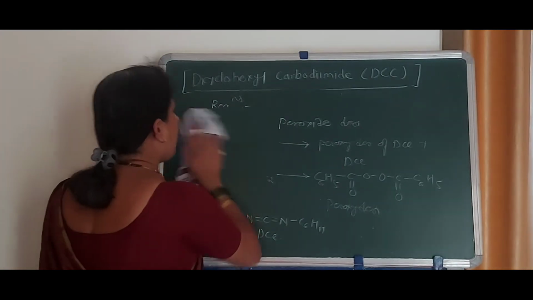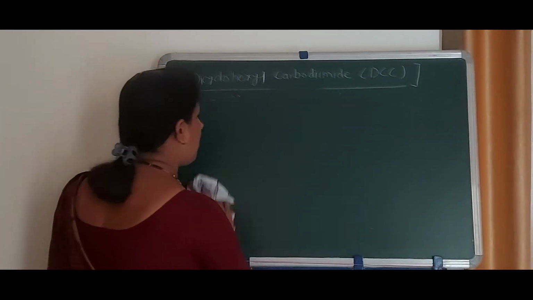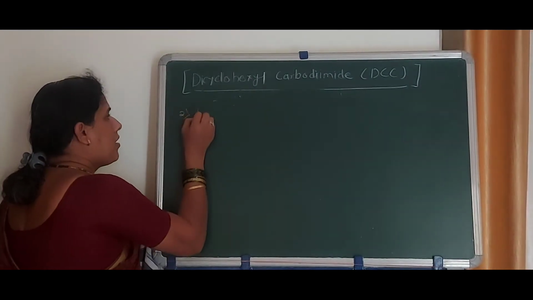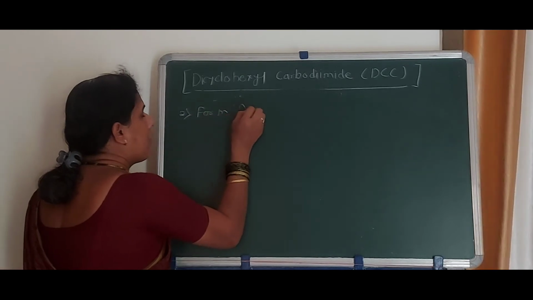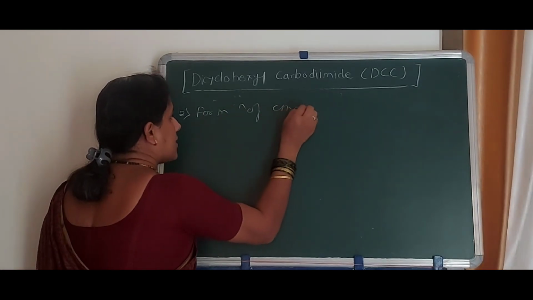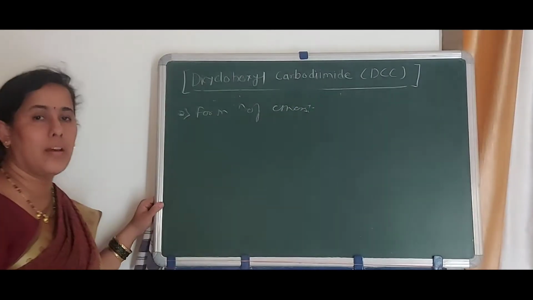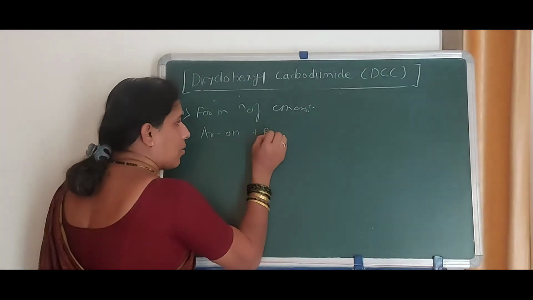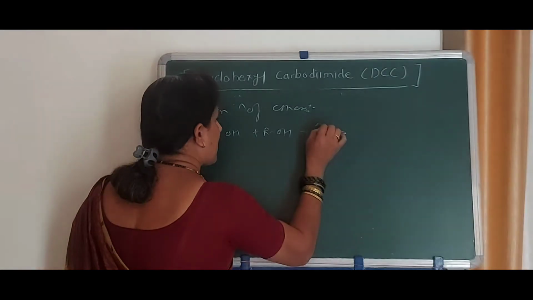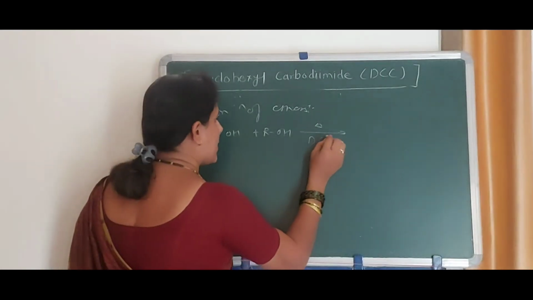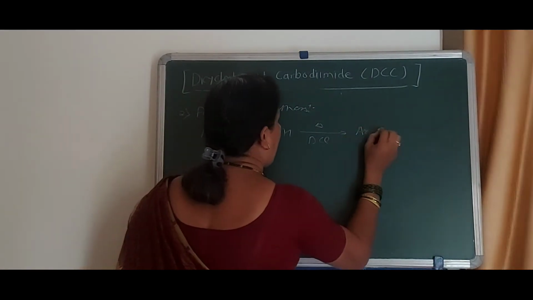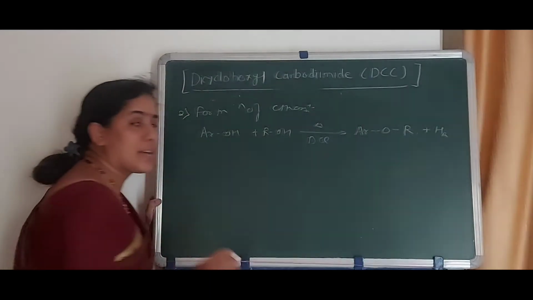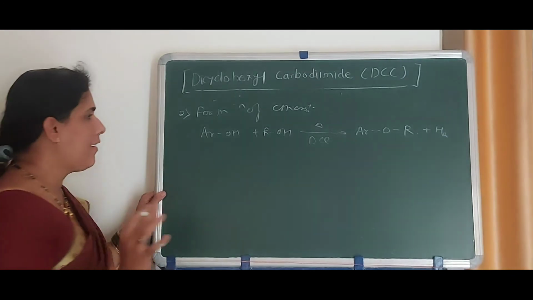Now the second application is the formation of ethers. How are the ethers obtained here? Aryl alcohol plus alkyl alcohol on reaction in presence of DCC gives AROR plus H2, as it acts as a strong dehydrating agent.